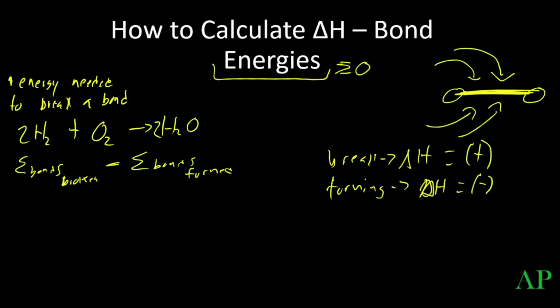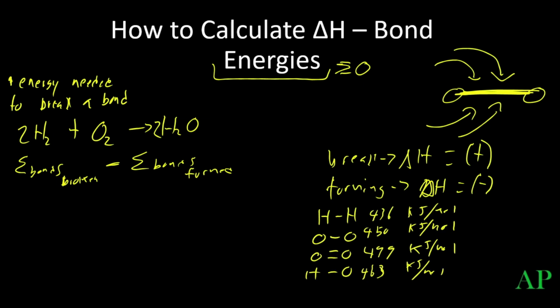Again, you'll be given a table that has information with regards to every bond. Our first step will be to identify what bonds are actually being used. All the bonds that are broken are the bonds on the left-hand side. All the bonds formed are the ones on the right-hand side.